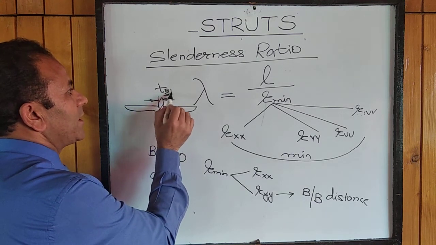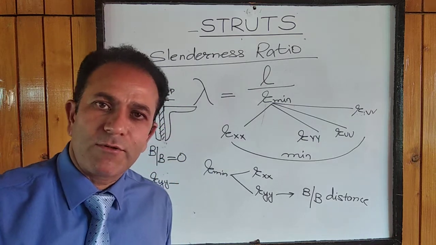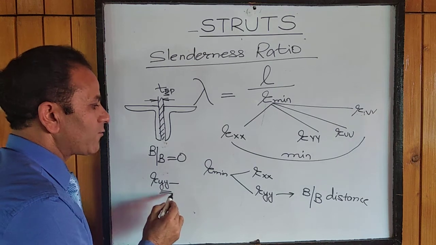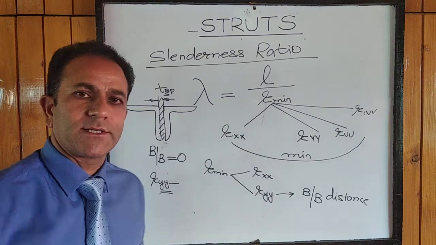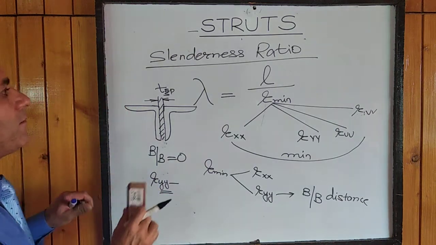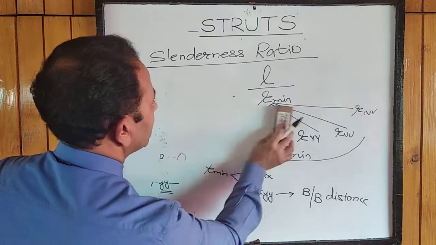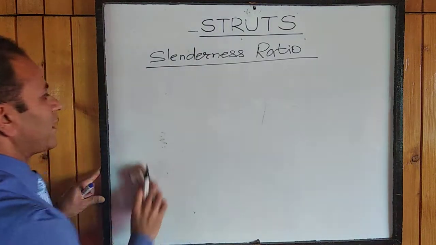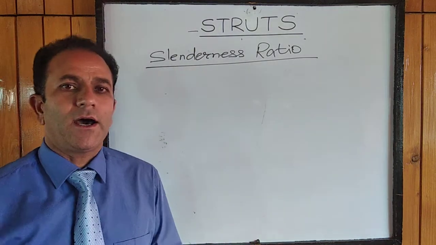The thickness of the gusset plate will be the back-to-back distance between the 2 angle sections, and corresponding to that distance we'll find out RYY. RXX is known to us. We'll find out the minimum radius of gyration, and then lambda, that is the slenderness ratio corresponding to this value of L and R minimum.